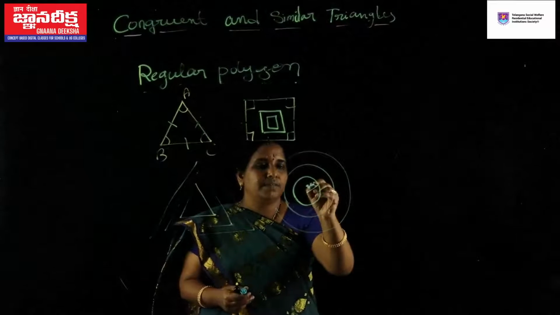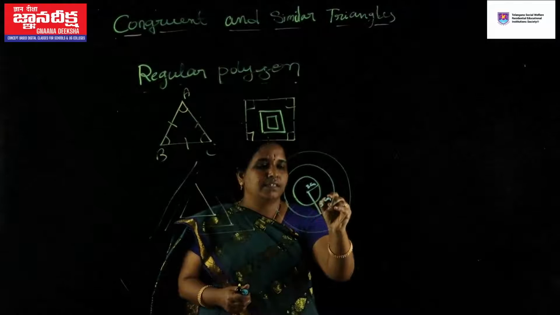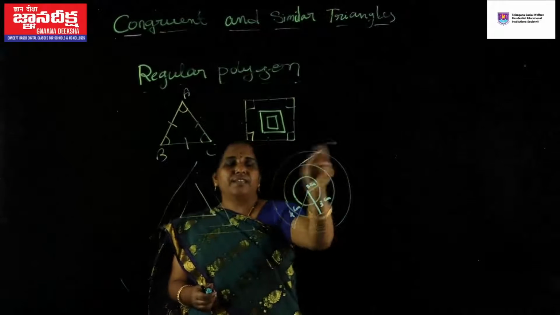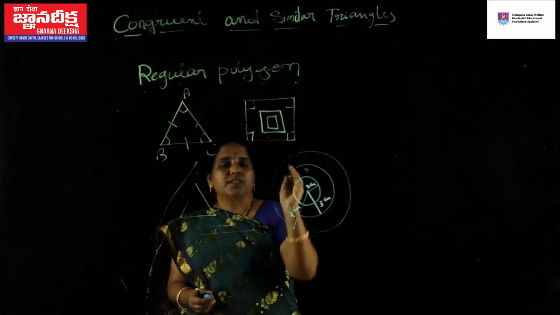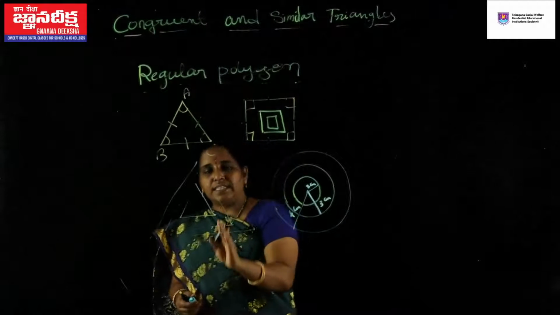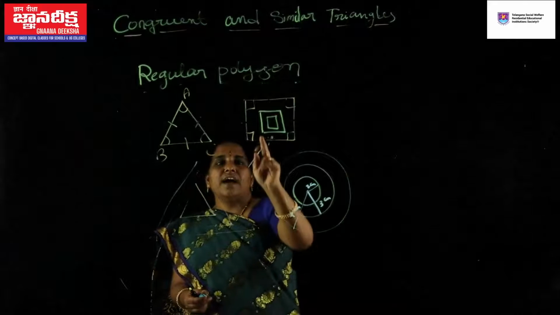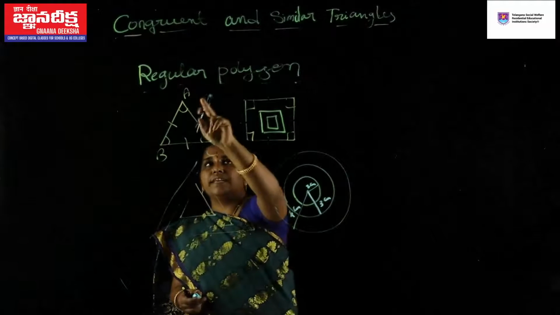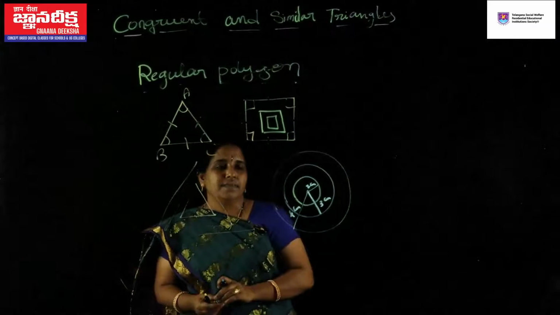It can be 2 centimeters. Suppose this is 3 centimeters and this is 4 centimeters. So circles of different radii are similar. So circles are always similar, equilateral triangles are always similar, and squares are always similar. So we can simply say in general regular polygons are always similar.